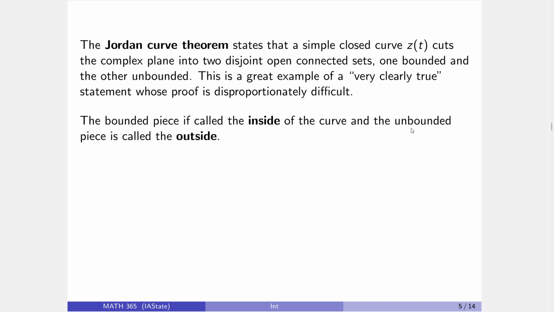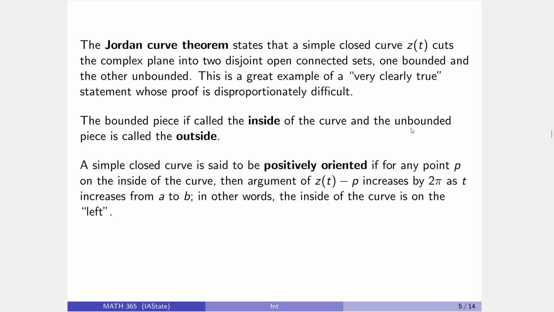But anyway, this gives us access to an inside and an outside, and thus we can have an orientation and call it positive. Basically, just think of the unit circle, as we trace it out normally, counterclockwise. On our left is the inside of the curve, and on our right is the outside.